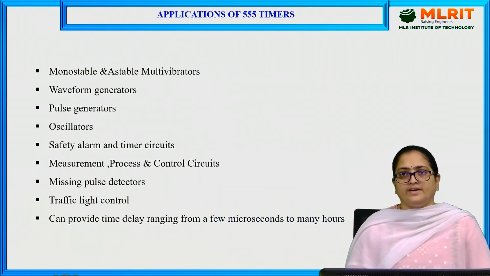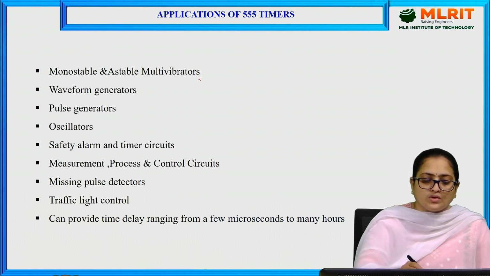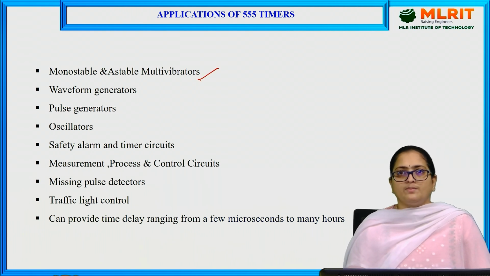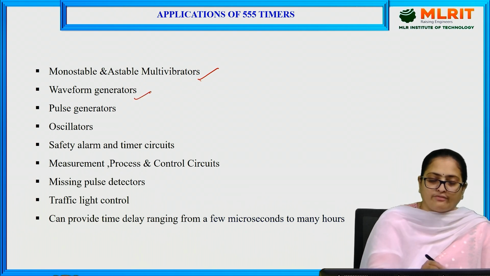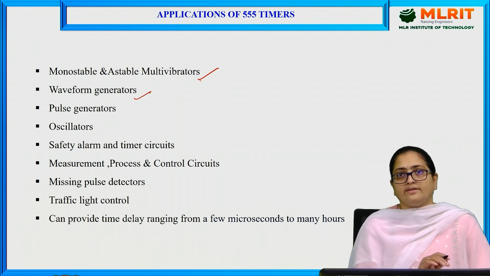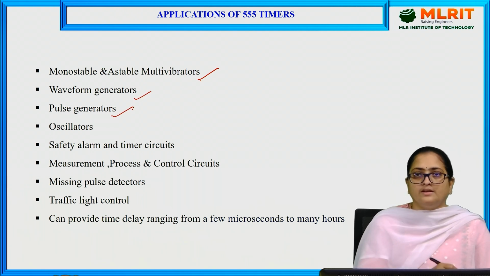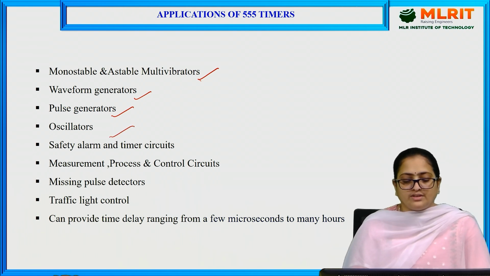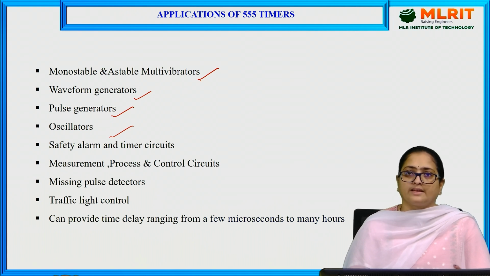Applications of 555 timer. It can be used for monostable and astable applications, and by using a 555 timer you can generate waveforms, and it can also generate a pulse. It can be used as an oscillator, for safety alarms and in timer circuits which provide a delay of some milliseconds to hours.